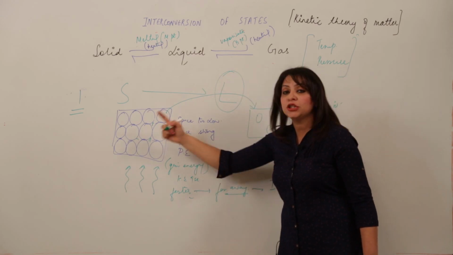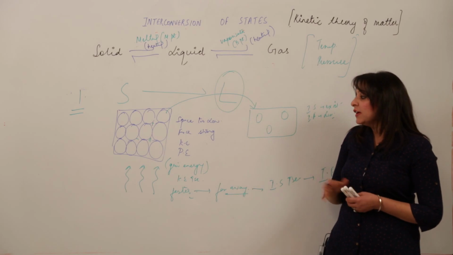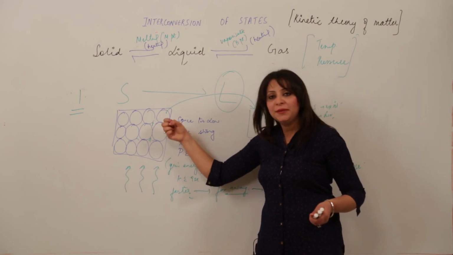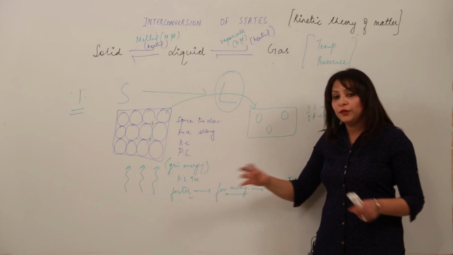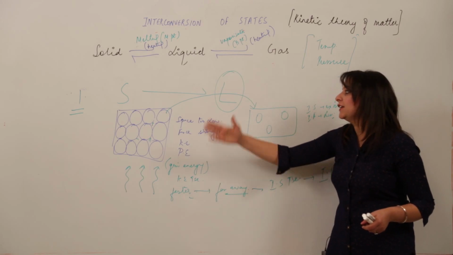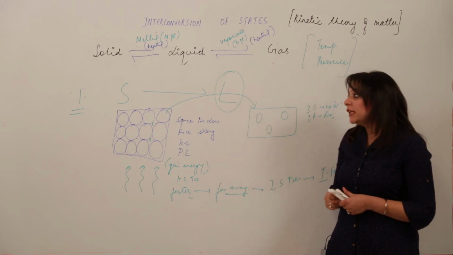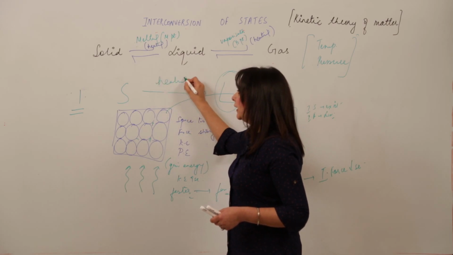We are supplying heat, they are picking up that energy, due to which their kinetic energy increases, so they move faster, far away, space increases, force decreases, and they get converted into the liquid state. So this is how the solid gets converted into liquid on heating.